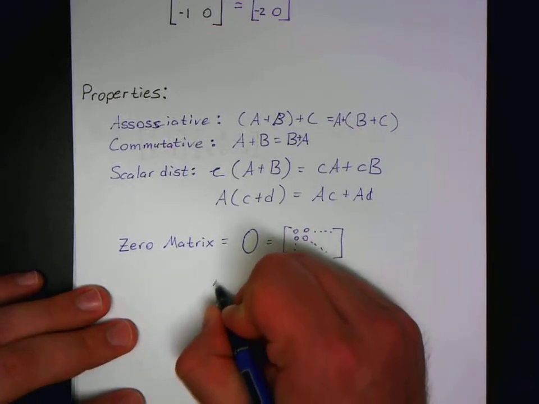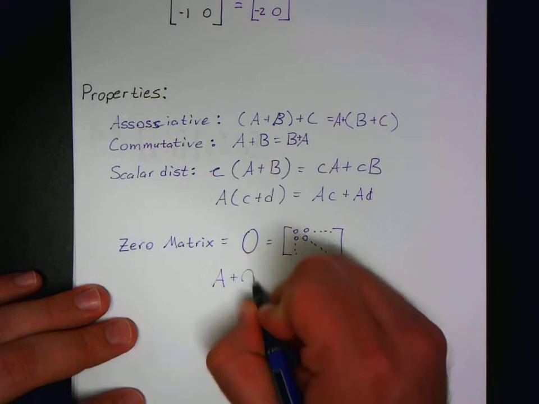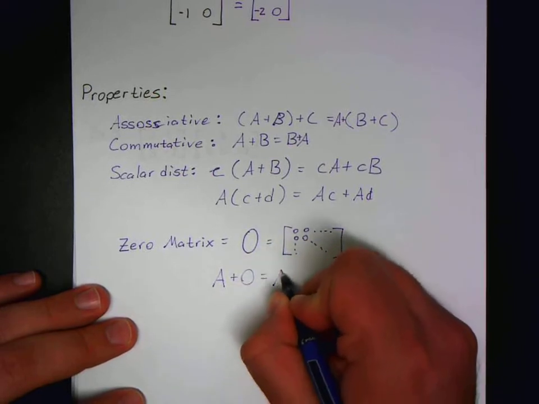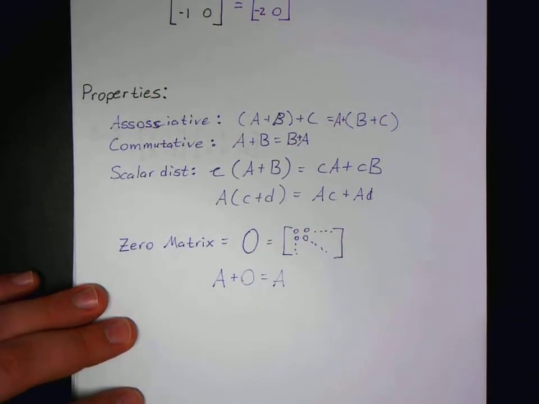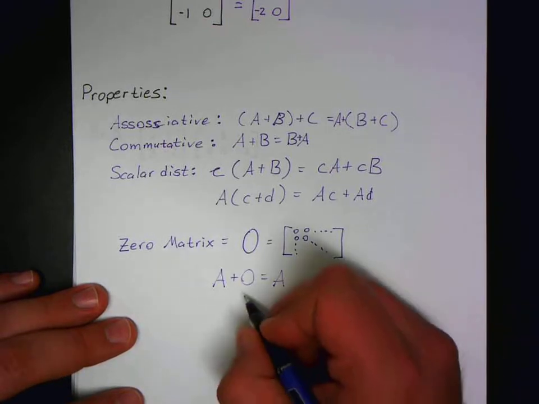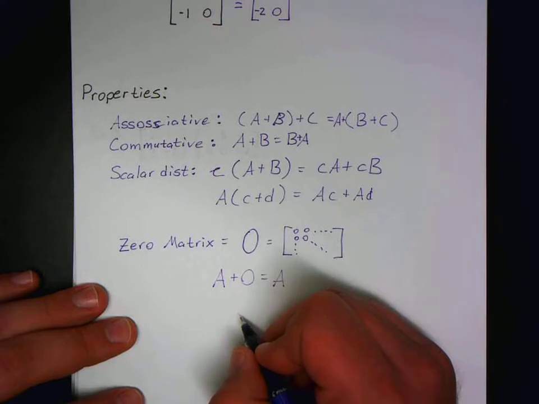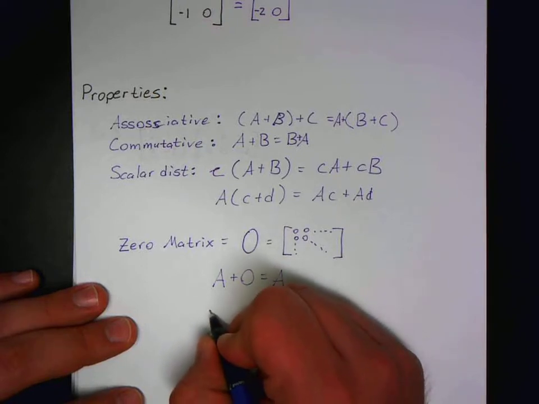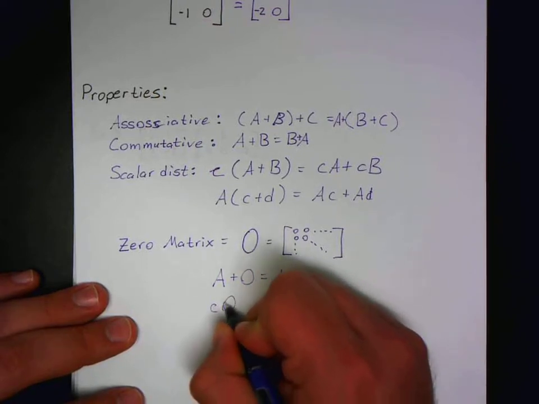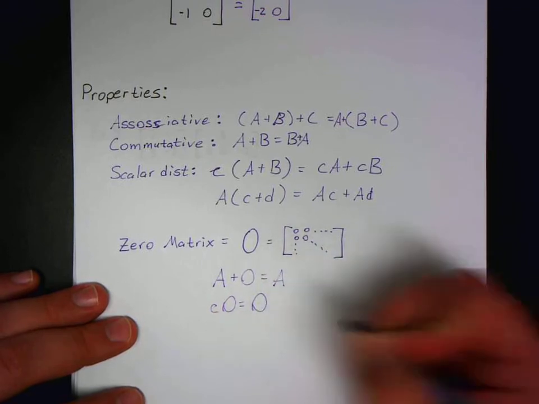So, you know, if I take A plus 0, I still get A. If I take scalar times the matrix 0, I still get the matrix 0 back.